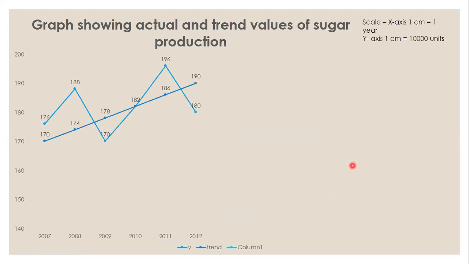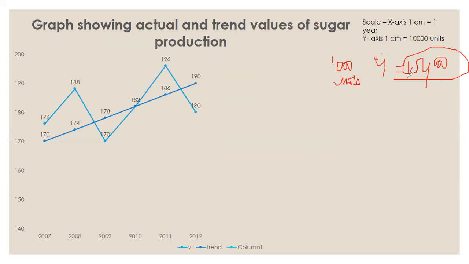Now, since the production is given in thousands, so it is 10,000 units. According to the data of Y, whatever they have given, 154, but they say 000 units, which means 1,54,000 units. That is the meaning of it.